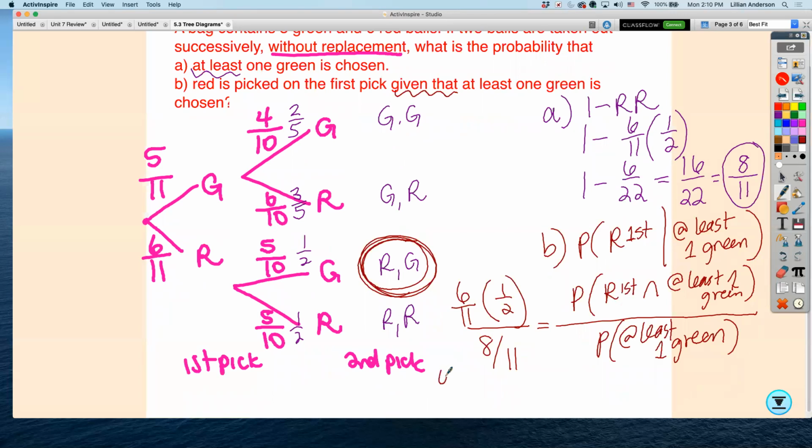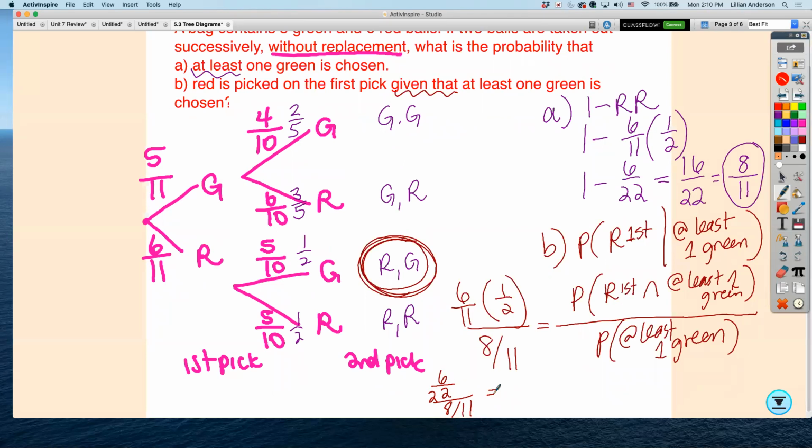So that'll be 6/22 divided by 8/11. How do I simplify a fraction within a fraction?